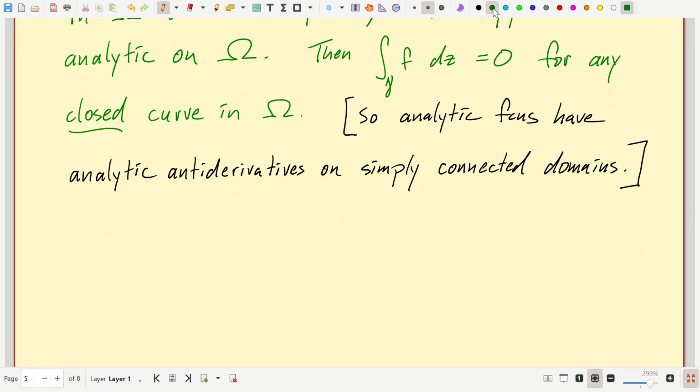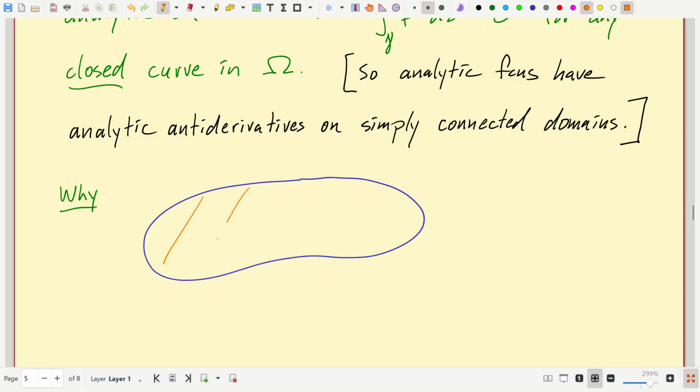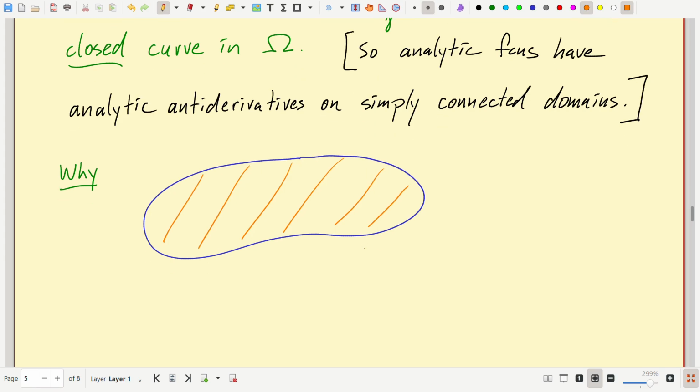I gave you the big one of the day, the Green's theorem thing. But the idea here is I've got a simply connected domain, so there's no holes allowed now. Notice it kind of looks just like a simple closed curve. That's the feeling for a simply connected domain, the inside of something.